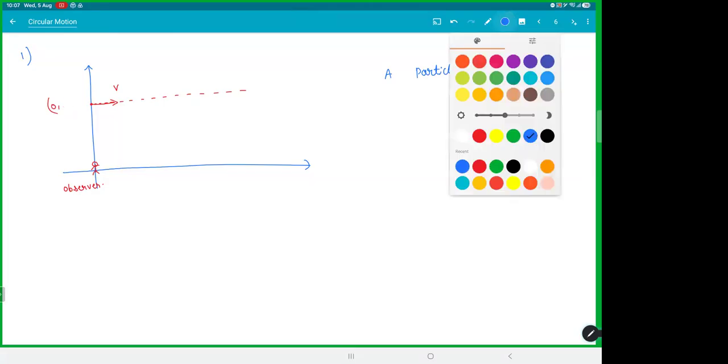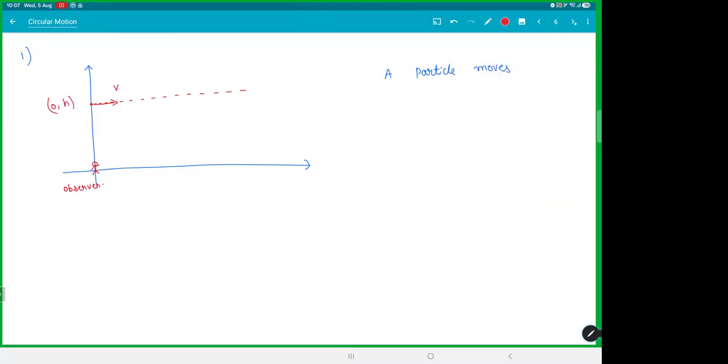I'll do one thing, let's call it 0, h. The particle moves parallel to the x-axis at a height, and this guy is looking at the particle.